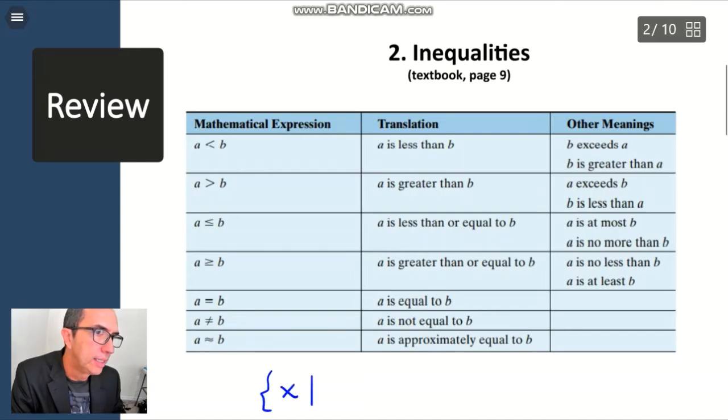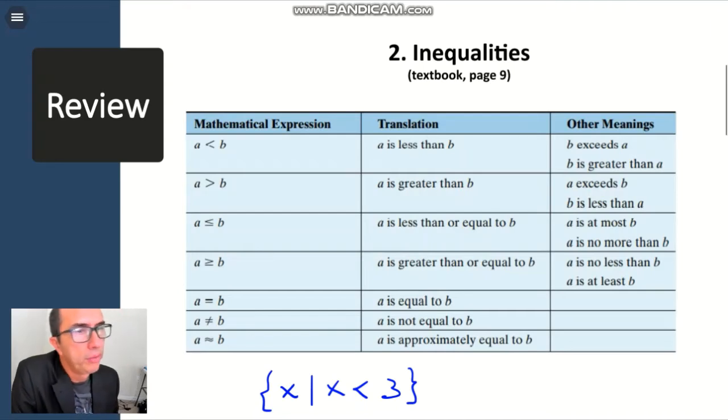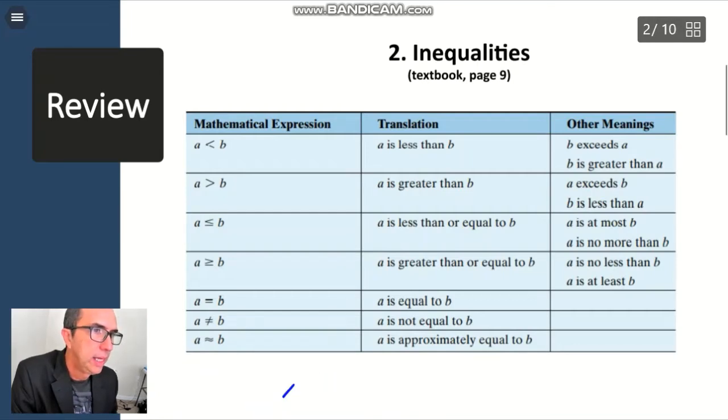X such that x is less than 3, and then you're defining here a set of real numbers where x is equivalent to all the real numbers less than 3. Another set, let's say x such that x is greater or equal than 100.